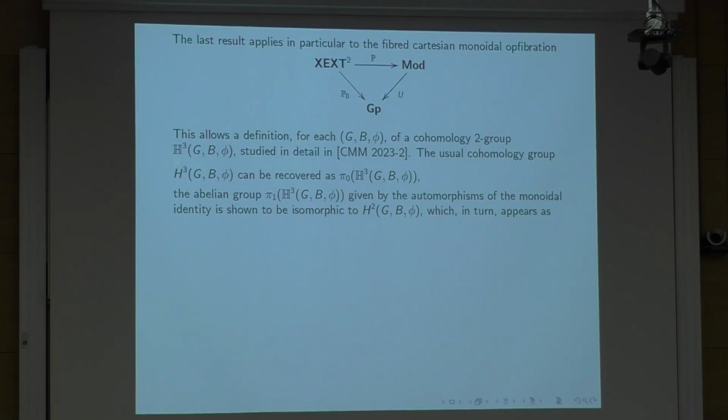While, if you consider the second homotopy invariant, so the abelian group pi 1, which is given by the automorphisms of the monoidal identity, then it is shown to be isomorphic to H2, the second cohomology group. Which in turn appears also as a pi 0 of another 2 group.